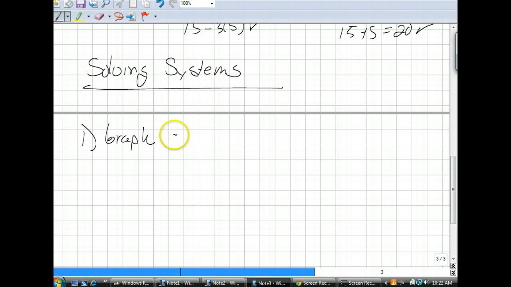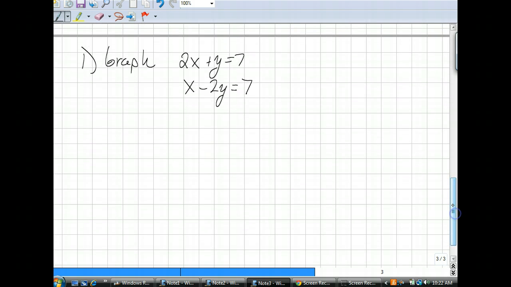So let's say I have the system 2x plus y equals 7 and x minus 2y equals 7. Well, first thing I would do would be to put each one in slope-intercept form. So the first one would be y equals negative 2x plus 7, because I would subtract 2x from both sides.